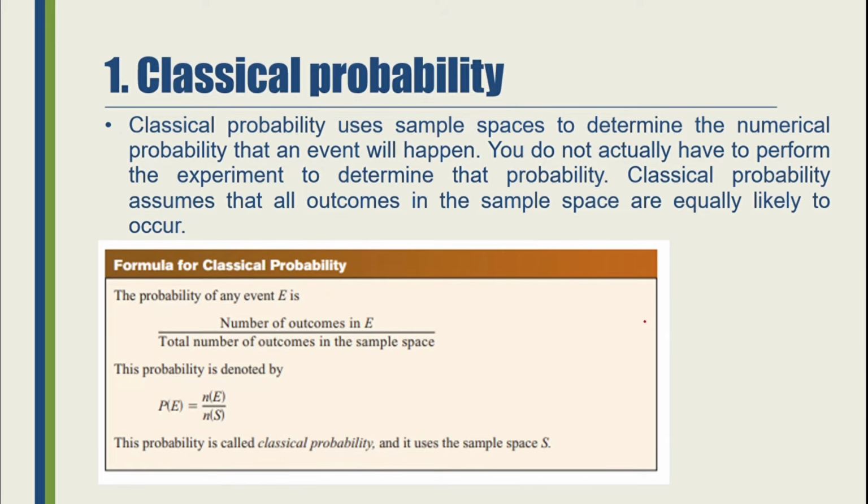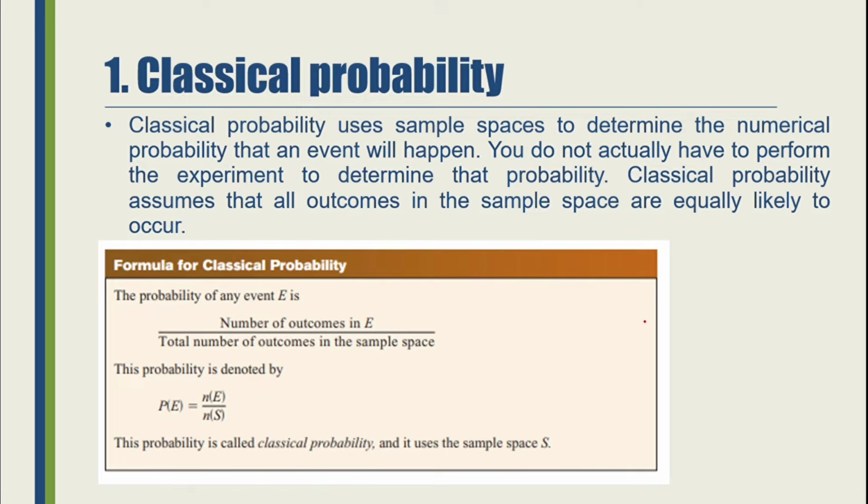The probability of any event E is the number of outcomes in E over the total number of outcomes in the sample space. So therefore, the formula for finding the classical probability is event over the sample space.